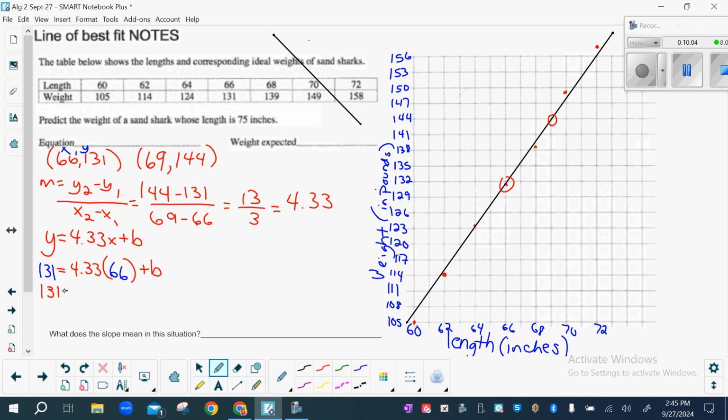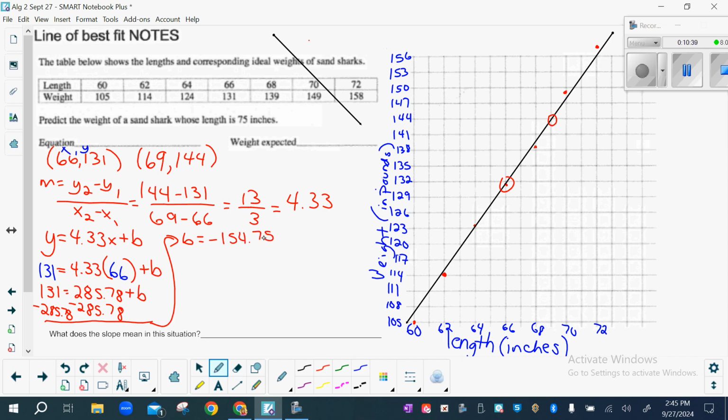So we get 131 equals 285.78 plus B. So we subtract 285.78. And we get B is negative 154.75.